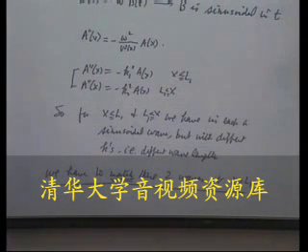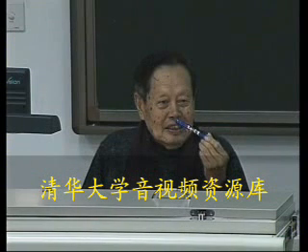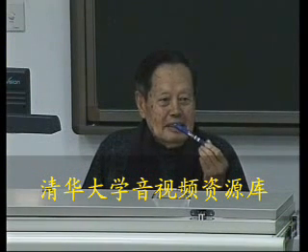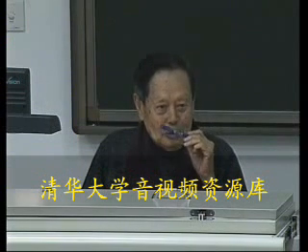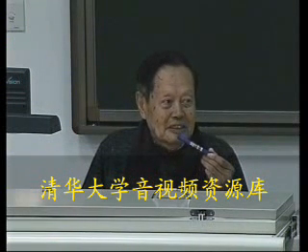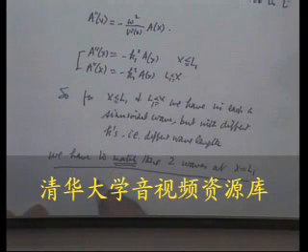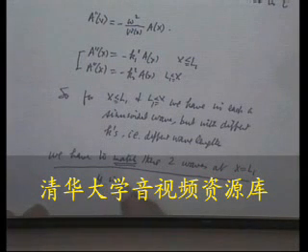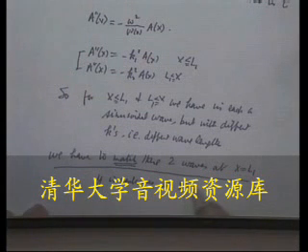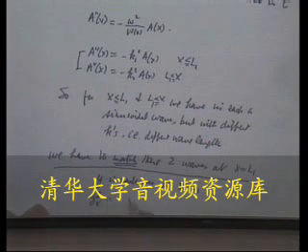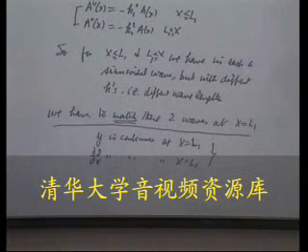That means the y of the first region at x equal to L1 must equal the y of the second region, and likewise the derivative of y. In other words, y is continuous at x equal to L1, and dy dx is continuous at x equal to L1. This is called matching.